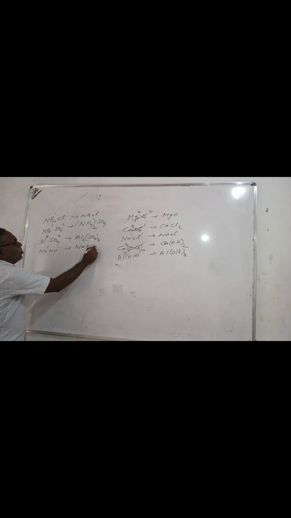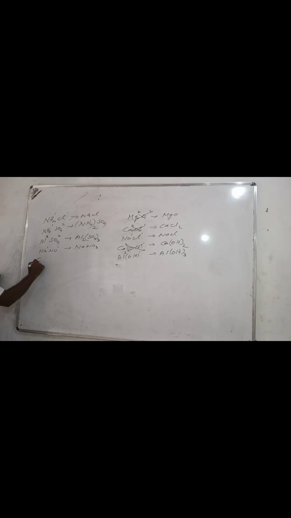Sodium nitrate, NaNO3. Sodium's valency is 1, nitrate's valency is 1. So the formula of sodium nitrate is NaNO3. Iron sulfate: Fe valency is 2, SO4 valency is 2.